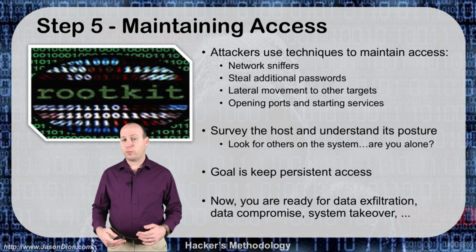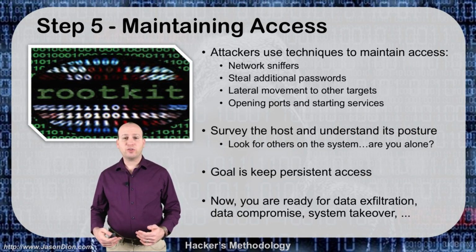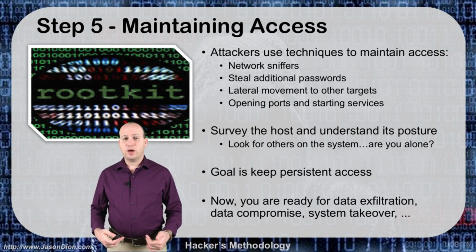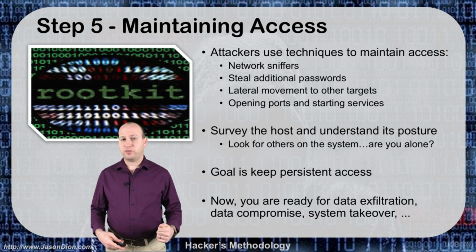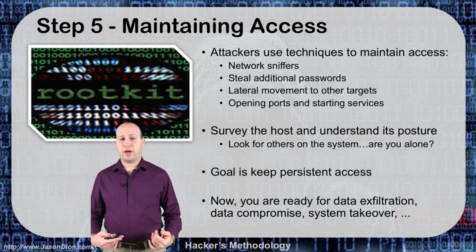Some of the techniques I'll use here are network sniffers or keyloggers so I can gain additional usernames and passwords. If I'm a domain admin at this point, I can create my own usernames and passwords and create new accounts. Of course, it's better to steal somebody else's because then it's easier to blend in, since it's a legitimate user. Again, our goal here is to maintain persistent access. That might include punching some holes in the firewall so that we have ports open and listening for our return when we want to come back.